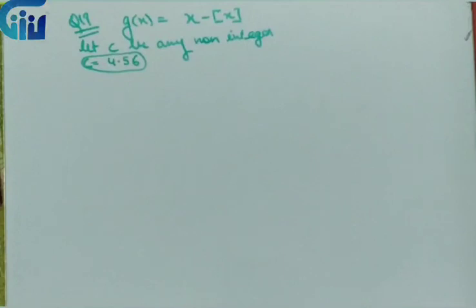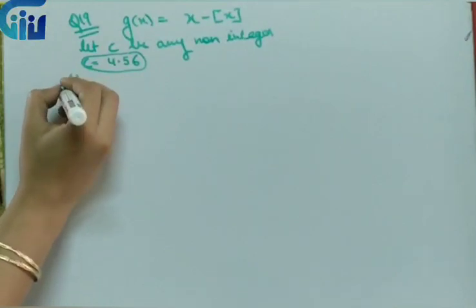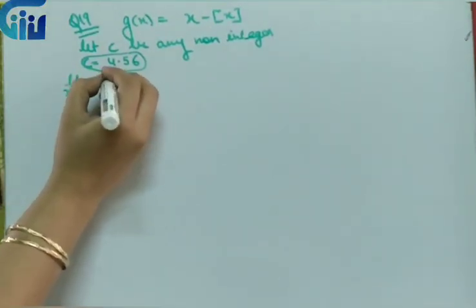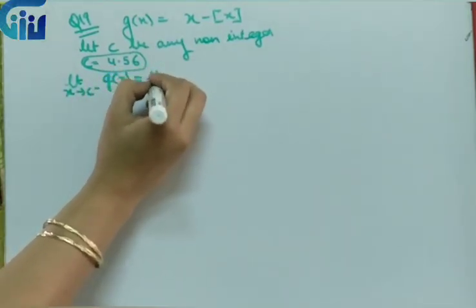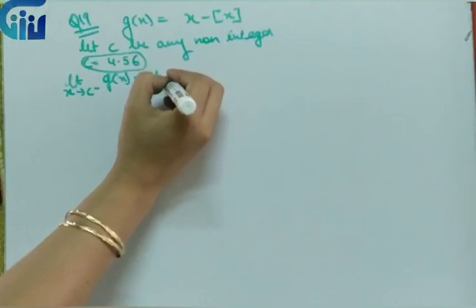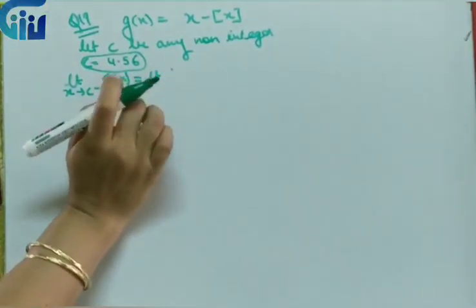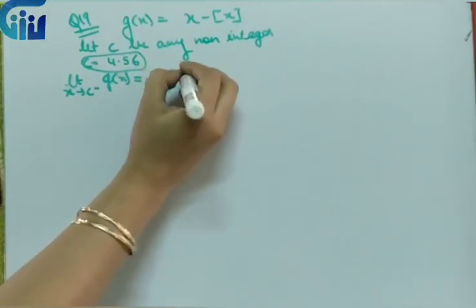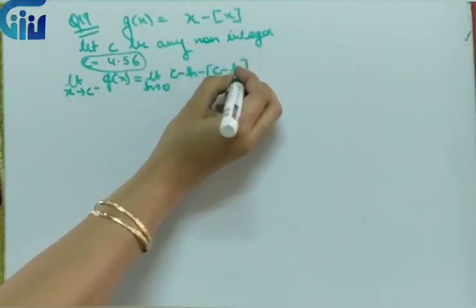Now let's check whether this particular function is continuous or not. We will take the left hand limit, limit x tending to C minus of g(x). To use the definition, let h tend to 0 and write it as C minus h, and over here also C minus h.